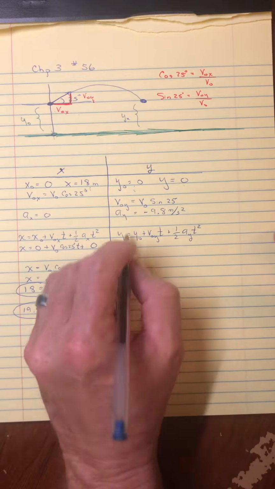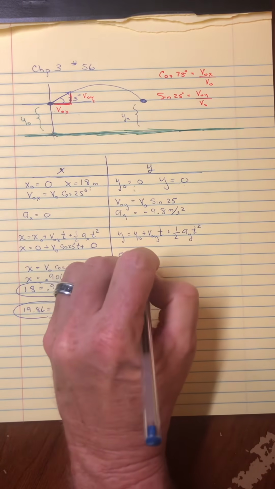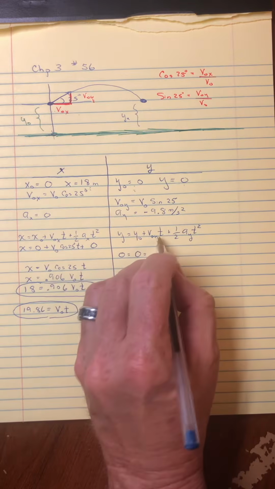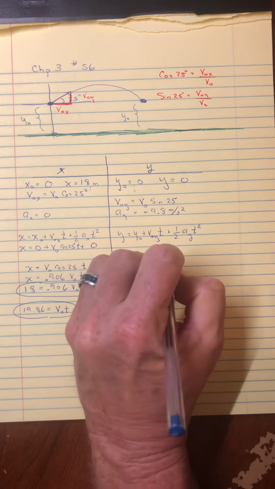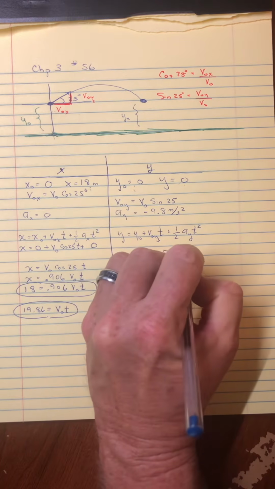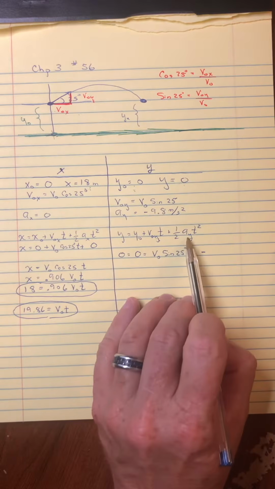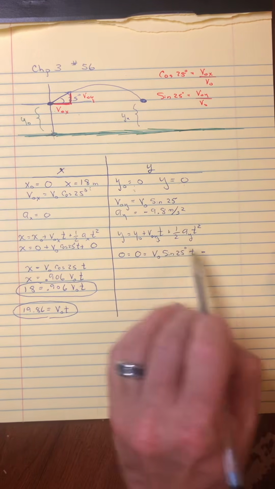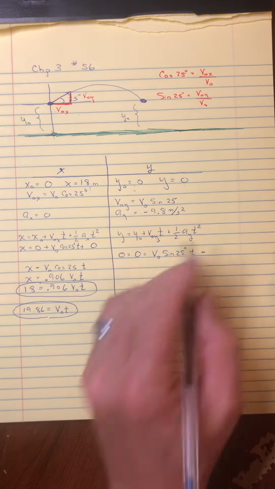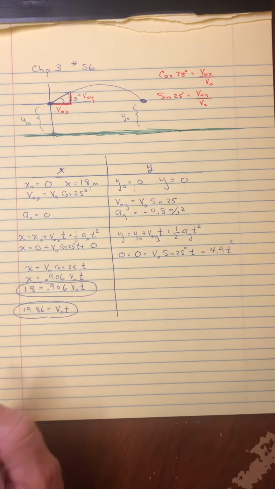All right, so coming over to here, I can put the final position as 0, the initial position as 0, the initial velocity in the y direction, as we said, would be v naught sine of 25 degrees times t. And the acceleration in the y direction is this negative 9.8. So I'll put the negative, and then I'll even take this half of 9.8 and get 4.9 t squared.